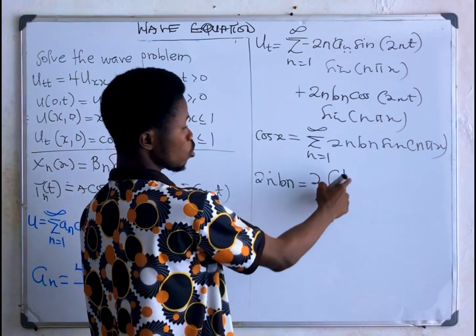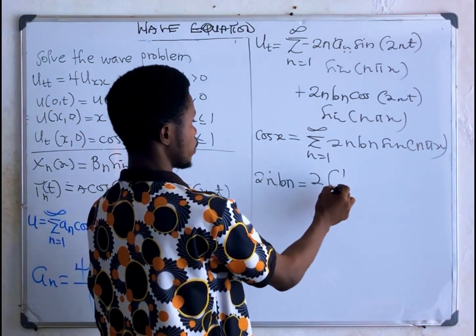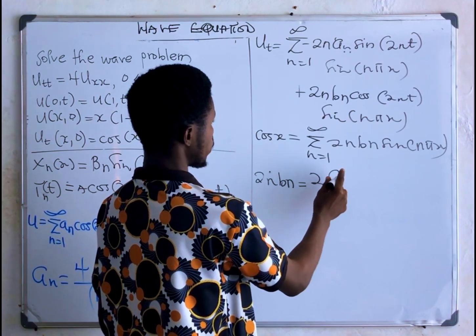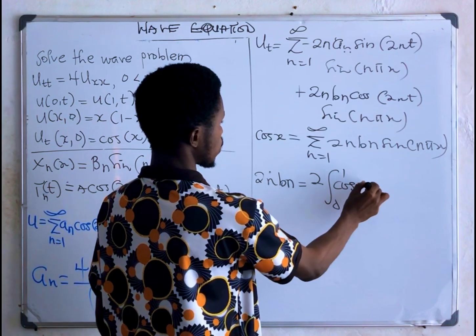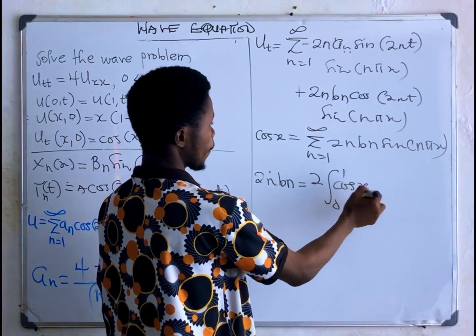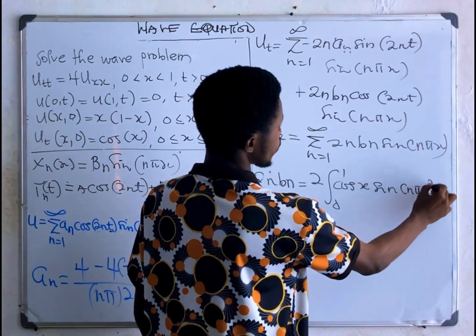The limit is from 0 to 1, right? It is here 0 to 1. Then the function is cos x. Then sine n pi x. Remember, it's Fourier sine.